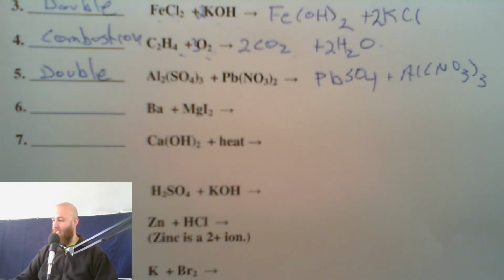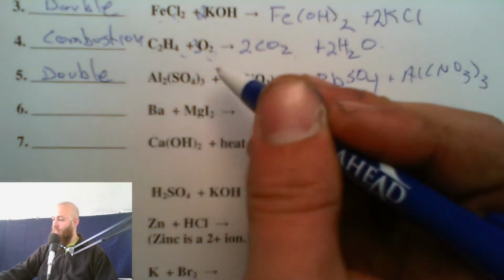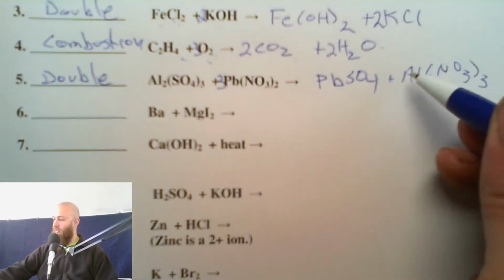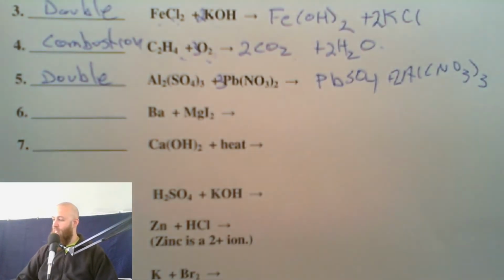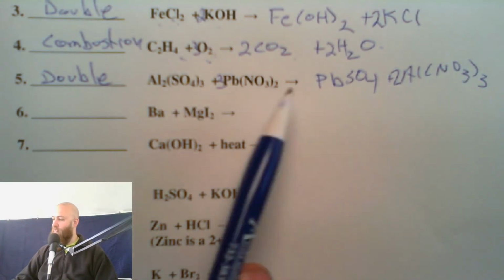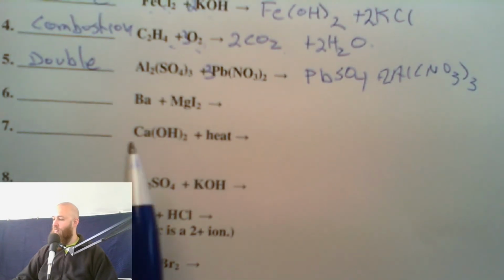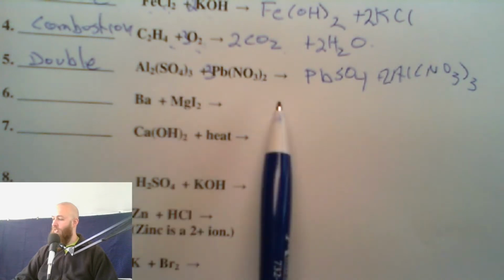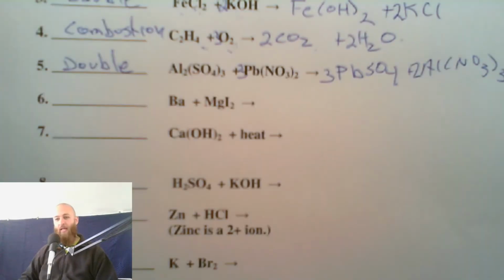So in this particular case, let's do that one first. So let's bring them both up to 6. I'm going to put a 3 there and a 2 there. So that means now I have 2 aluminums. It already matches, right? And I have 3 sulfates, which I need to put a 3 here. And when I fix my sulfates, I also fix my leads. So all in one shot, I get everything done, okay?